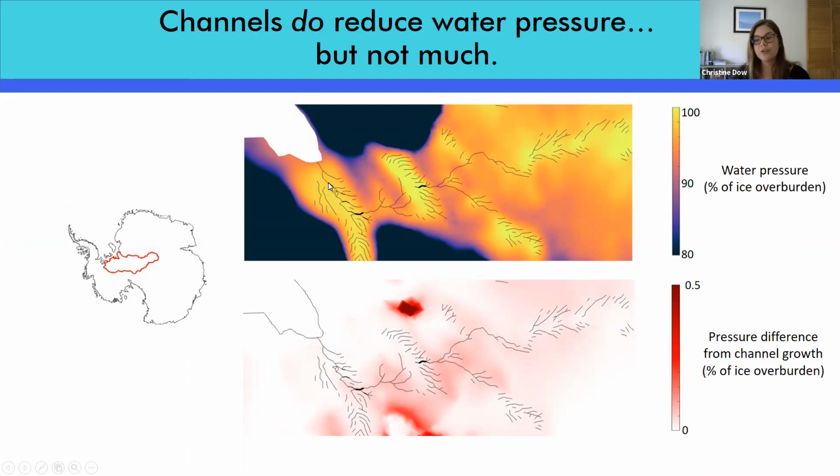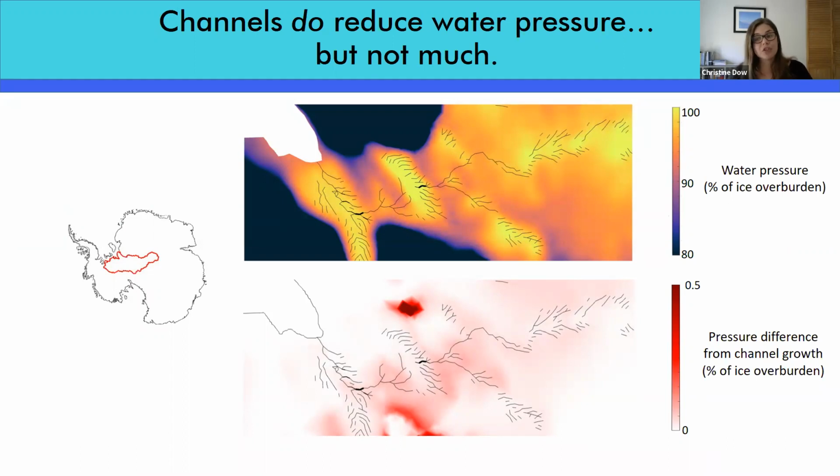And if you compare the water pressure with and without channels, the channels only cause a drop in water pressure of generally about 0.5%. So they're really not having very much impact on the water pressure in the system. And the reason for that is again because they're steady state. For these channels to exist, you really have to have a very delicate balance between how much water is flowing through them and the closure rate of the ice above.